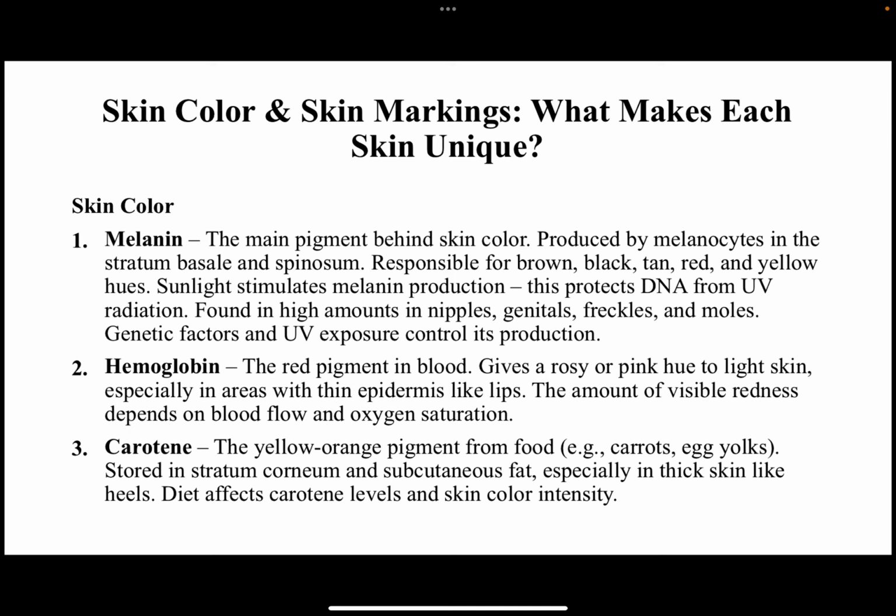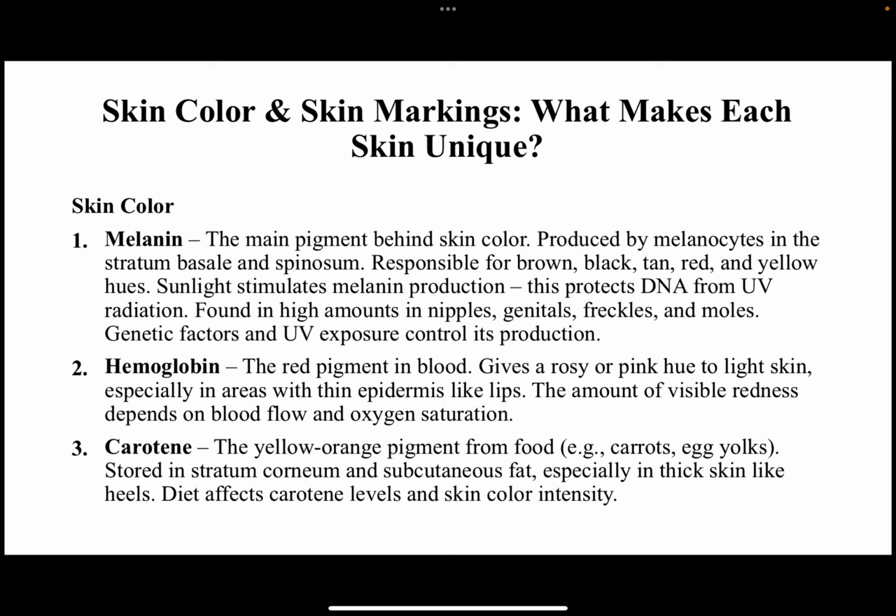But if your body is lacking oxygen or your hemoglobin level is very low, the areas around the visible vessels become bluish. That is what we call cyanosis. So hemoglobin is also one of the pigments within the blood.